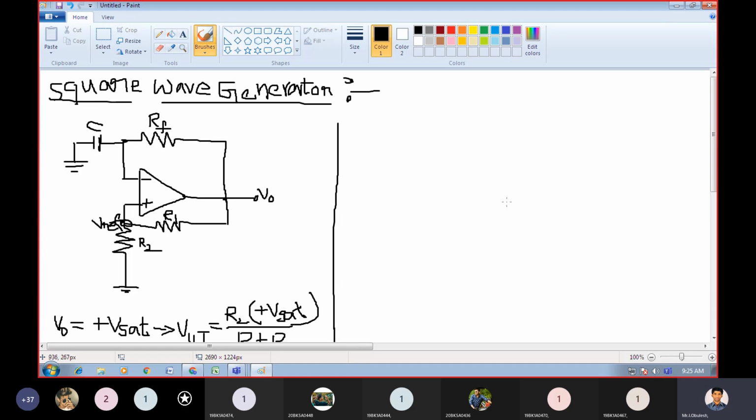Rewrite the diagram, same diagram only, you need to rewrite. See, you need to rewrite just this diagram.